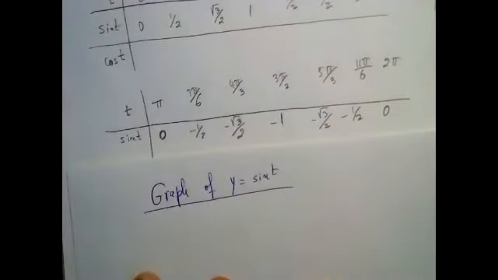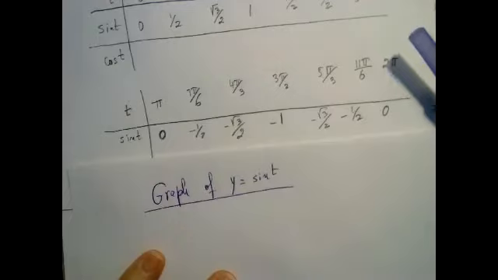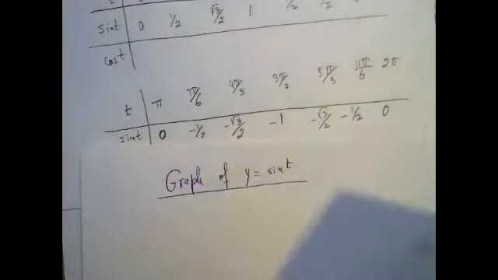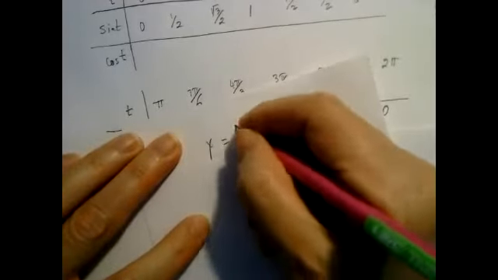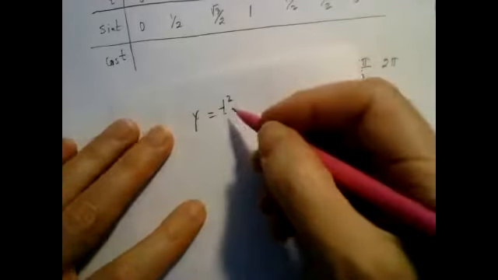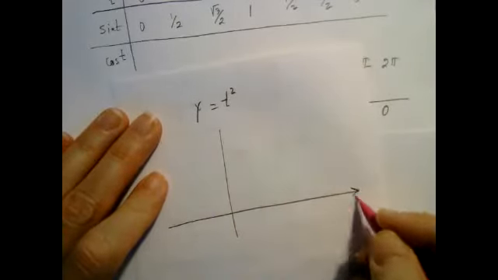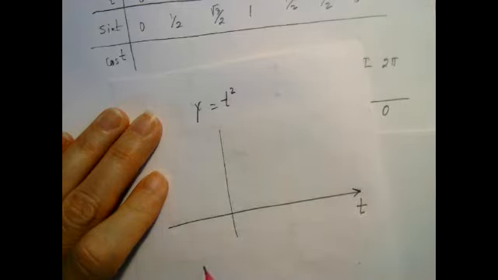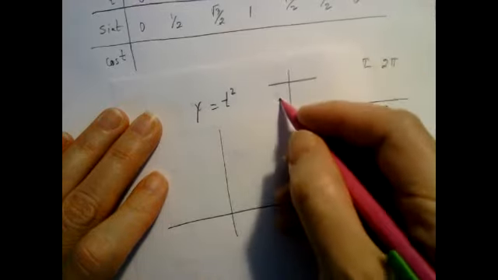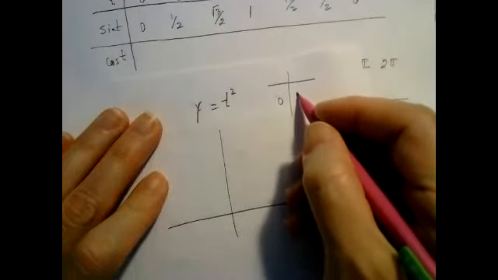Okay. Right now, I'm looking at the sine as a function. What do I mean, the sine as a function? It means if I ask you to sketch the graph of y equals x squared or y equals t squared, where t is the input, the way we do it is you put all the t values here, you make a table, and you ask yourself, okay, if t is 0, what's y?